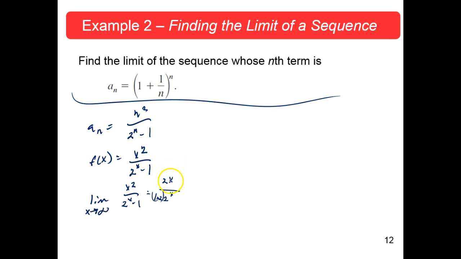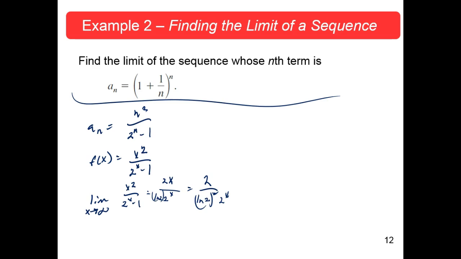Now this is 2x up here. This is 2 to the x here. Take the limit as x goes to infinity. Still going to infinity, right? Do it again. Derivative of the numerator is 2. Derivative of the denominator is log 2 squared times 2 to the x, okay? Numerator as x goes to infinity is 2.